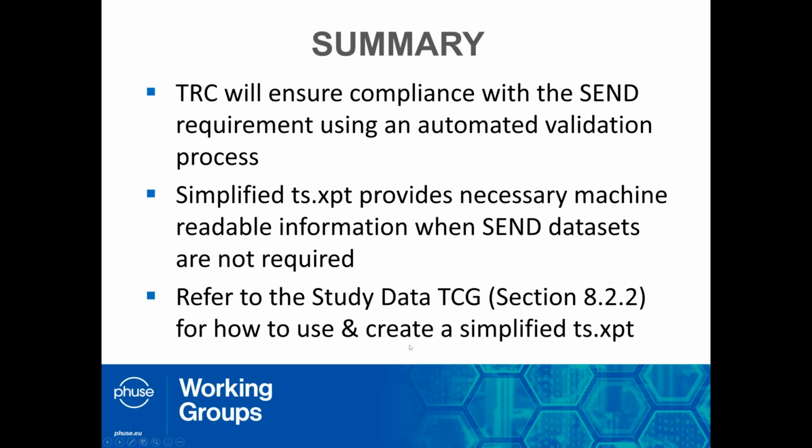So in summary, the technical rejection criteria, when activated, will ensure compliance with the SEND requirement. The simplified ts.xpt is needed to provide the necessary machine-readable information for when SEND datasets are not required for a submission, and you are encouraged to look at the study data technical conformance guide for additional information on how to use and create a simplified ts.xpt.